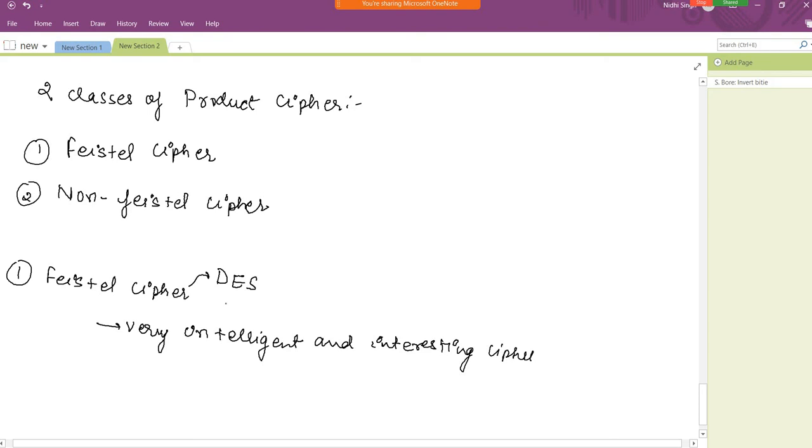So Feistel cipher is made up of three components. What are these three components? What are those components?